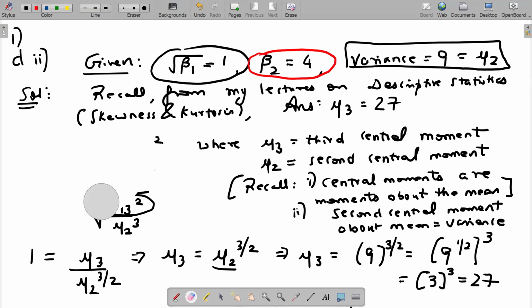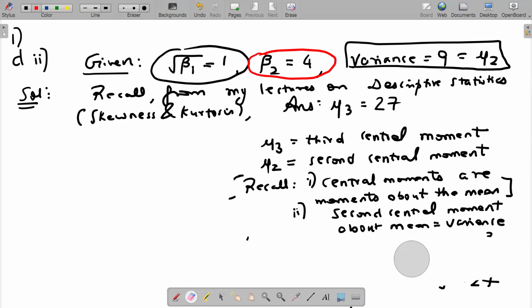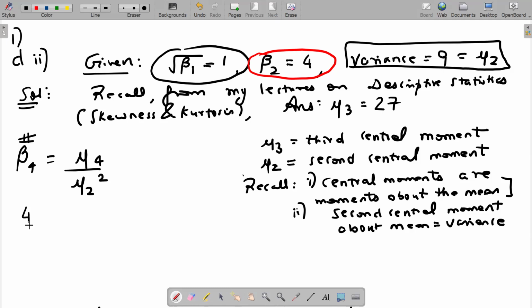Remember from my lectures, what was the formula for beta 2? Beta 2 is simply mu4 over mu2 square. Now, beta 2 is how much? 4.